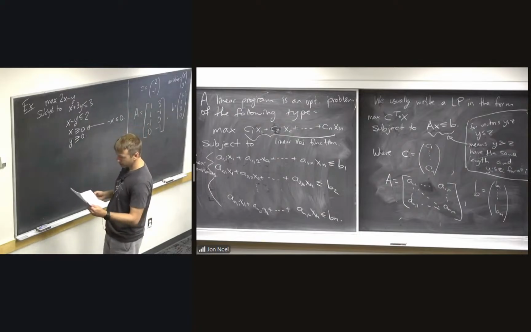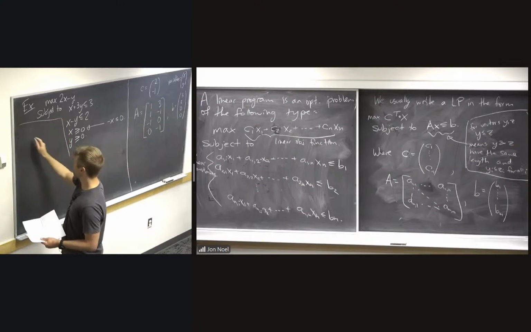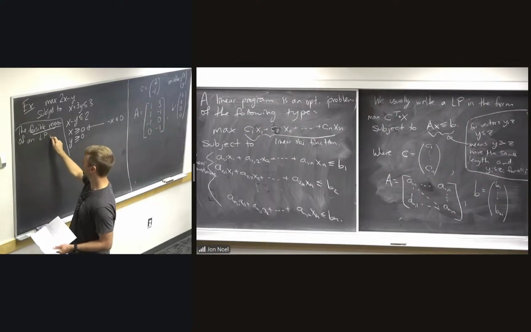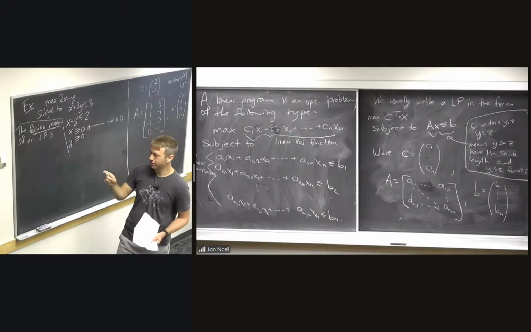Right, so generally the feasible region of a linear program is the set of all points that satisfy the constraints.